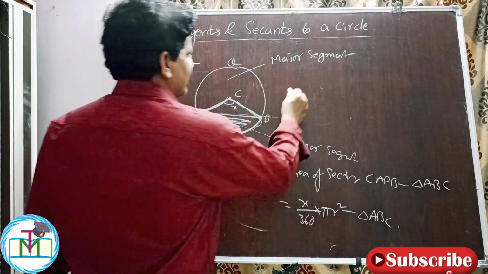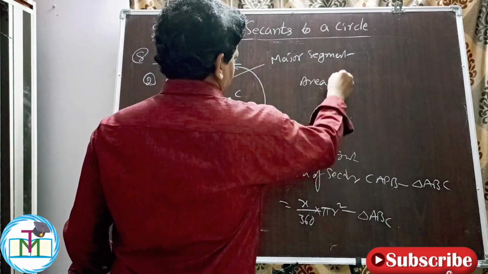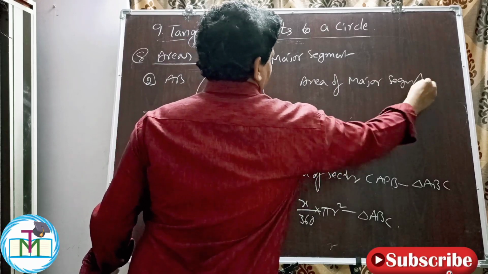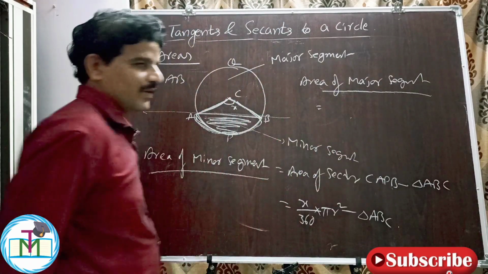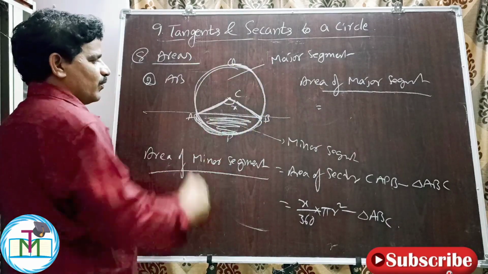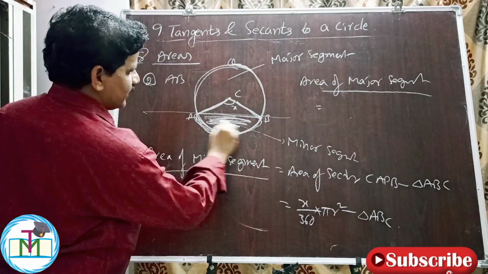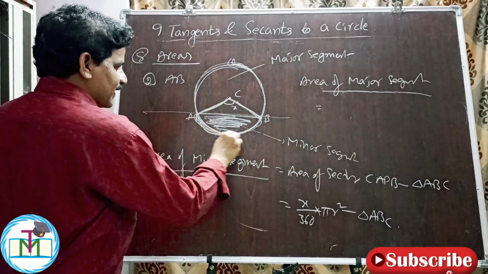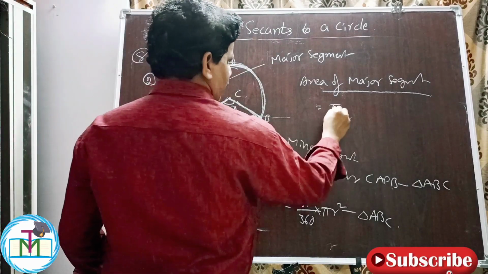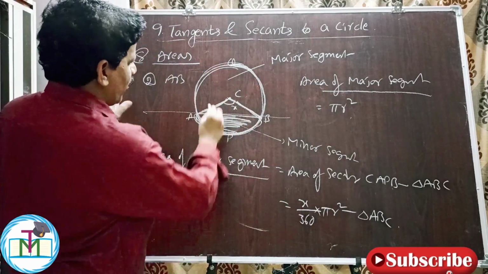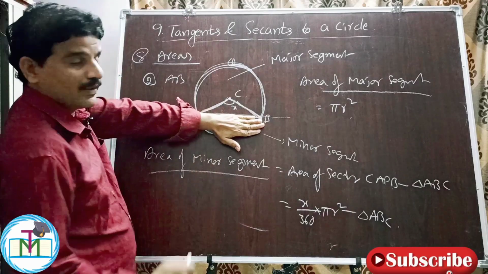Therefore area of the major segment is given by full circle minus what I have to remove. This minor segment area we have to delete. Area of the circle is pi r square minus, I don't want this part, I want only the upper part of the circle, the major segment.